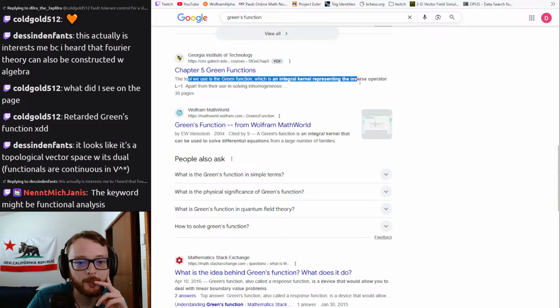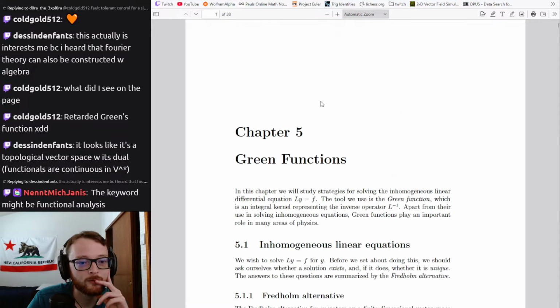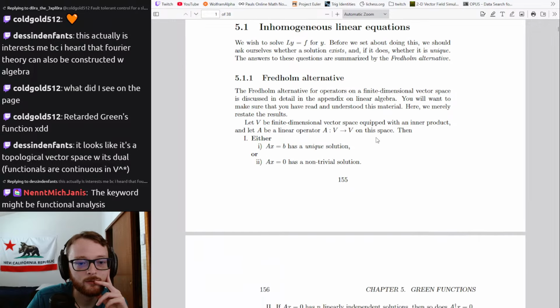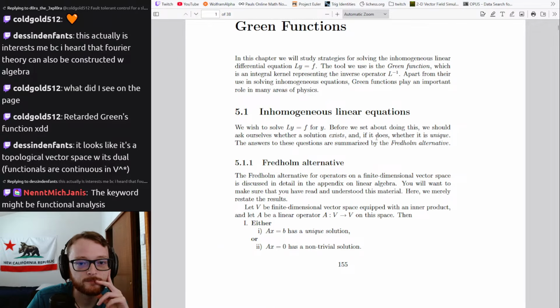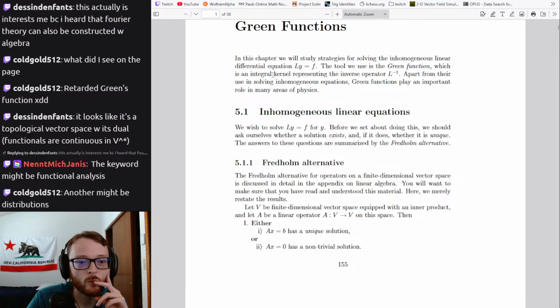Those look like linear algebra words. Which is an integral kernel representing the inverse operator L inverse. That sounds like a fancy way of saying this solves a differential equation, I think.